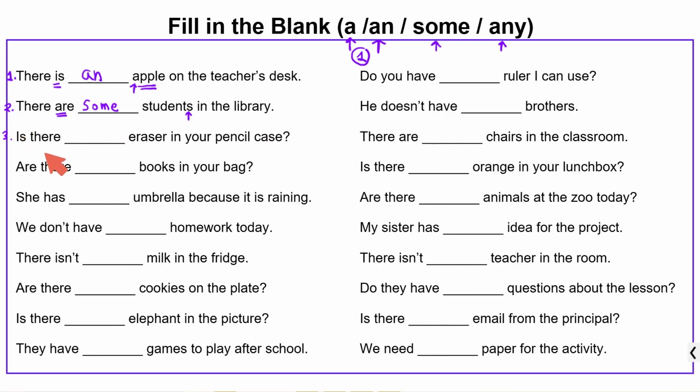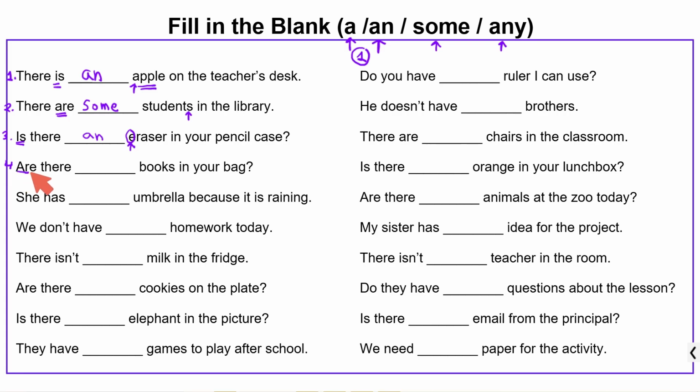Number three, is there blank space eraser in your pencil case? Is there? Is refers to one thing. So a or an. Our best option here will be an because it is followed by, and we use it before, a vowel. Is there an eraser in your pencil case? Let's move on to number four.